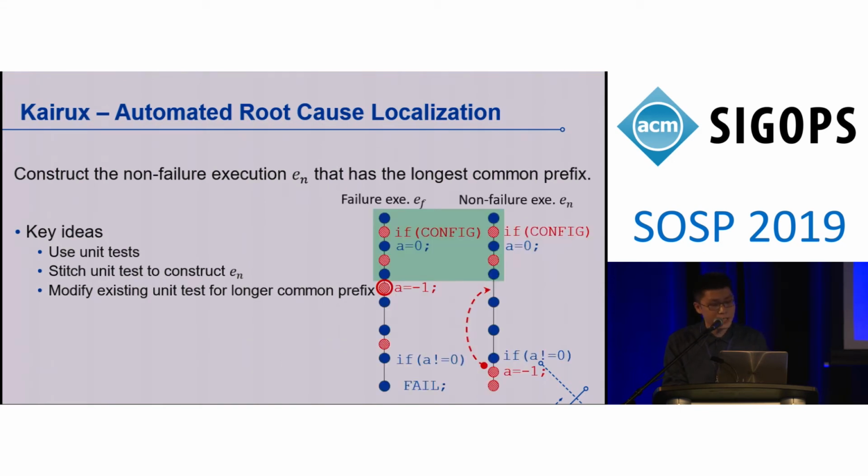In our previous example, further changing this execution EN to get a longer common prefix will have to include A equals -1 between the write and read in the blue thread. Thus, it will result in failure. And Kairux stops here.